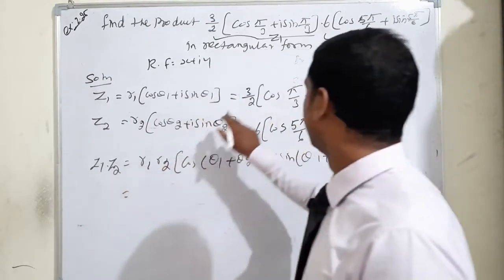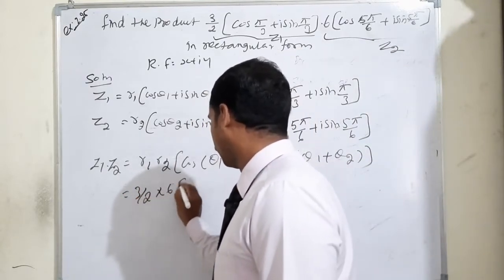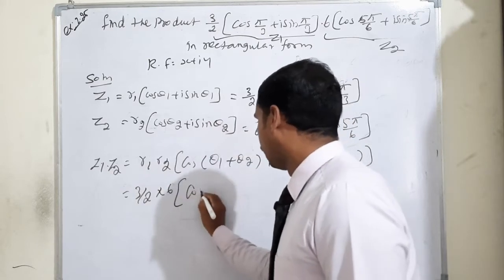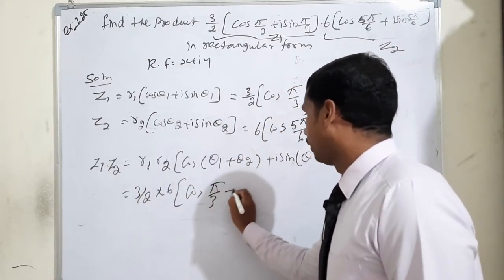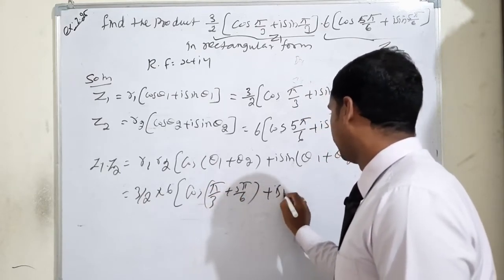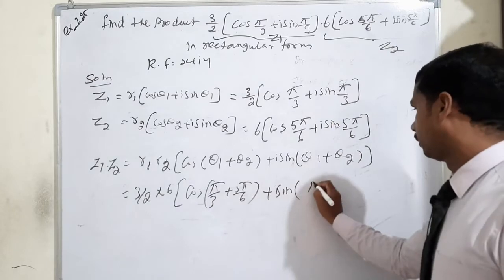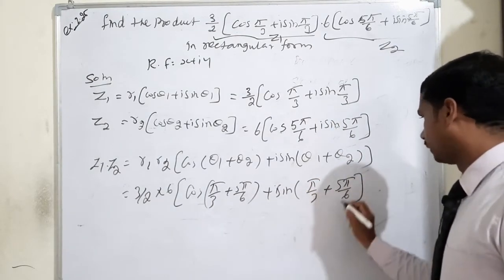So R1 is equal to 3 by 2 into 6. Again cos of theta 1 is equal to pi by 3 plus 5 pi by 6. Then plus i sin of pi by 3 plus 5 pi by 6, isn't it?